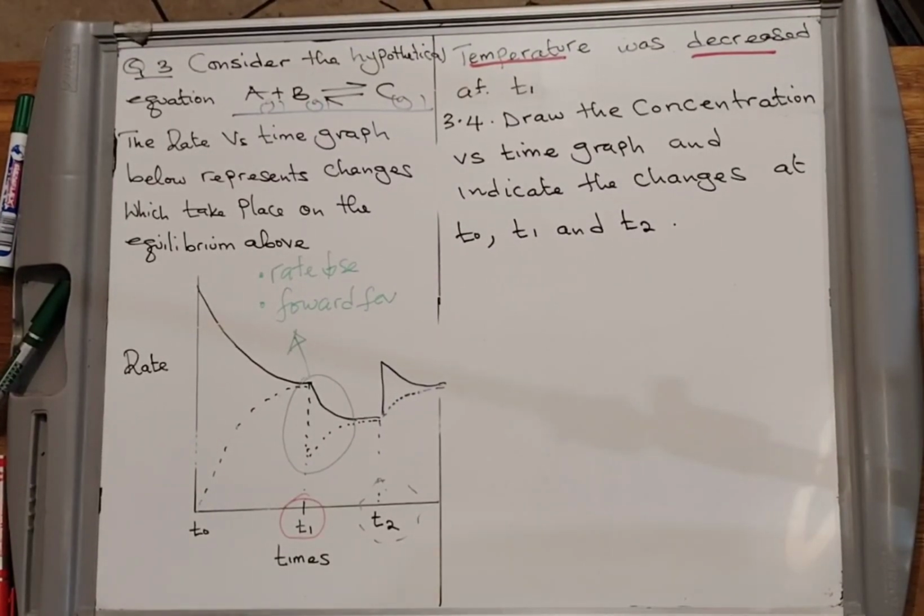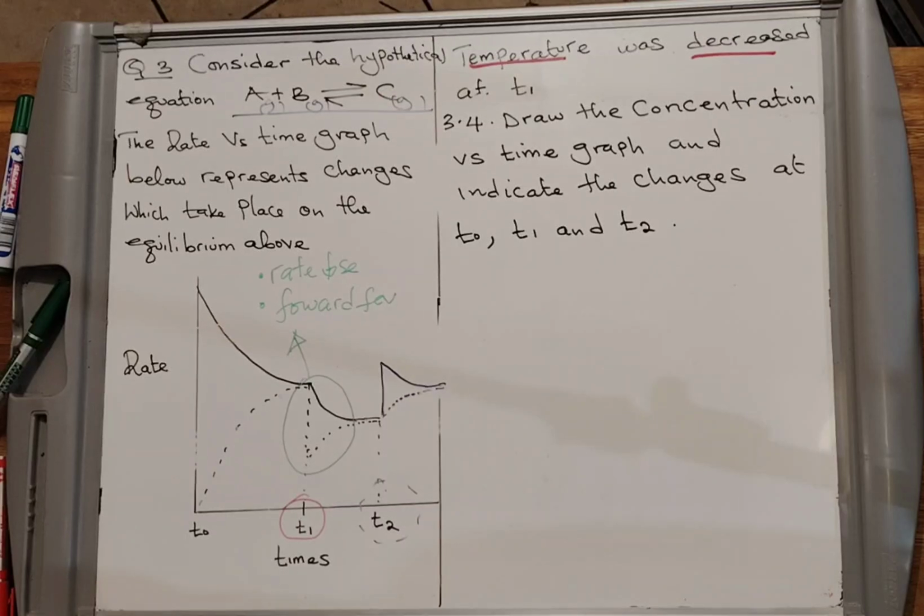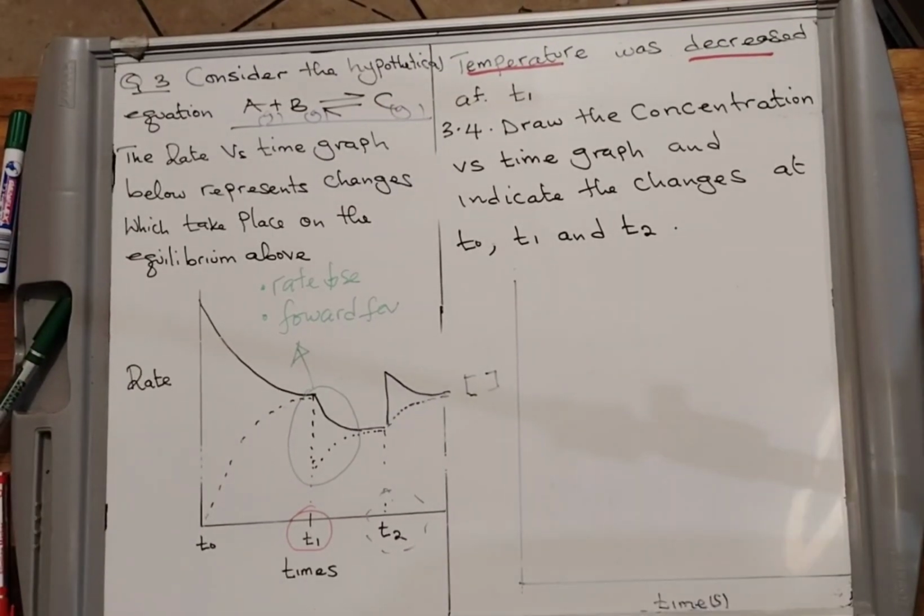Then comes the closing question of this video. It says, draw the concentration versus time graph and indicate the changes at T0, T1, and T2. So how do we do that? Let us see what we can do here. So this is what we have.